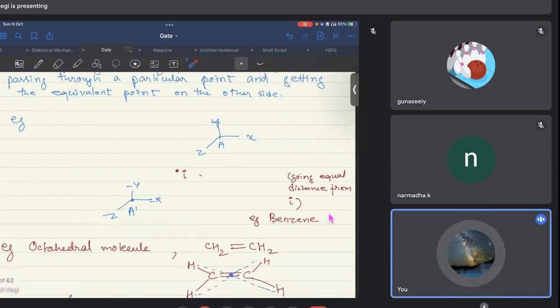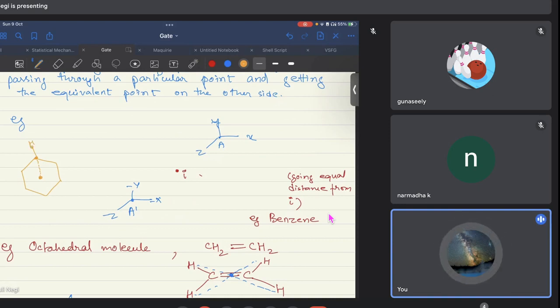For example, in benzene you can find the center of symmetry easily. In the benzene molecule, this was the center. And how is this the center of symmetry i? Because if I move towards here, I will find a carbon atom, and say this is a hydrogen atom.